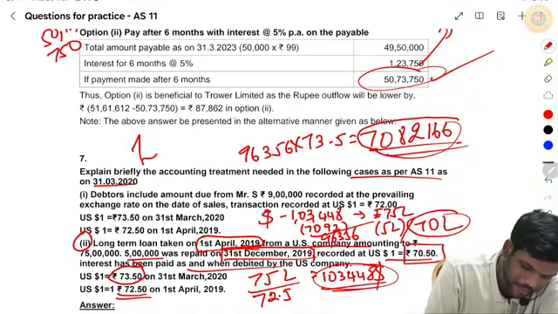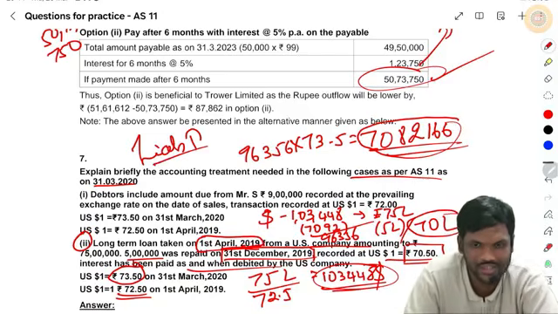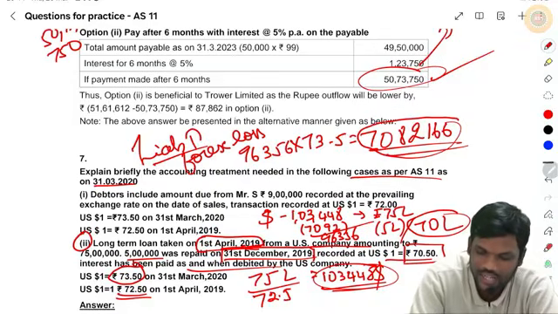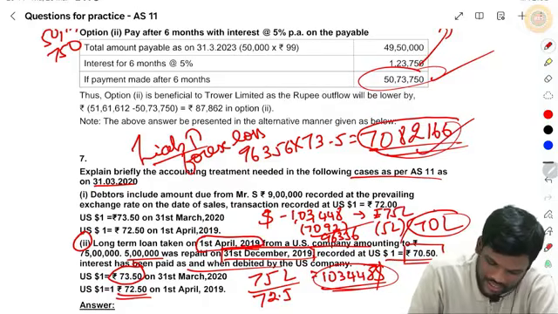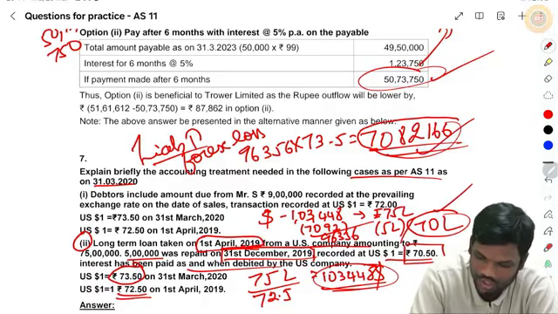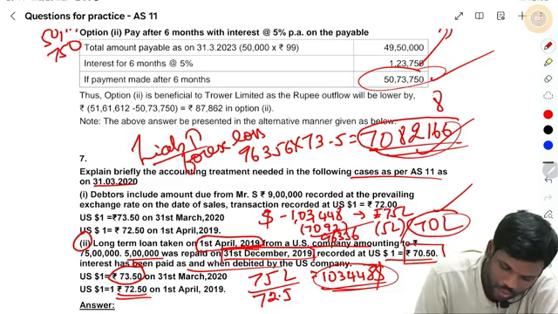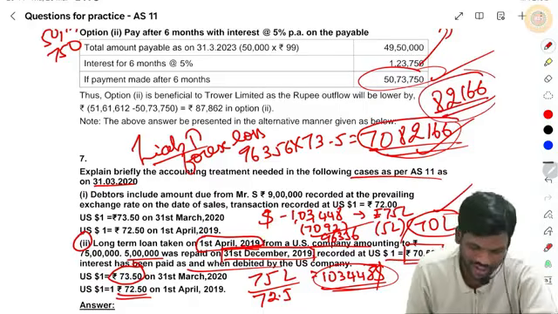That means my liability is going to increase, and if liability is increasing, you also know it is a forex loss. So how much is your forex loss? 70,82,166 minus 70 lakhs, which is 82,166. This is your exchange loss. I hope you are clear with this.